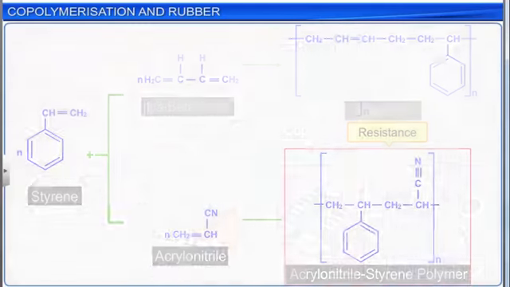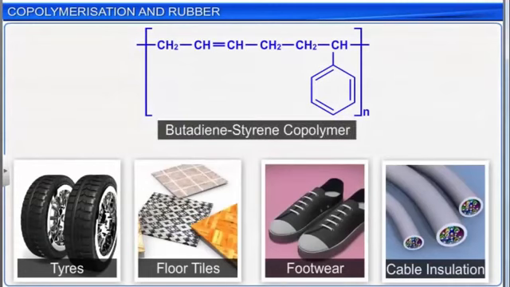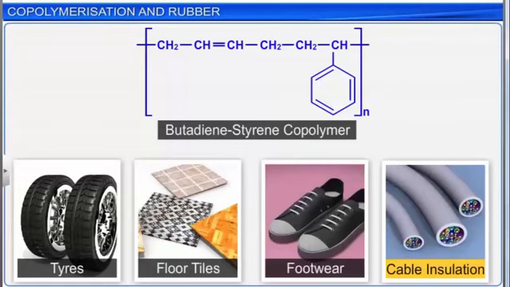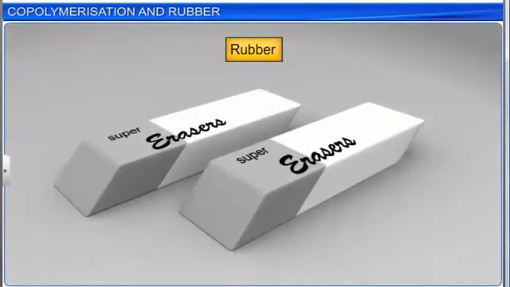The butadiene-styrene copolymer finds use in the manufacture of automobile tires, floor tiles, footwear components, and cable insulation. Let us now study rubber and elastomer in detail.